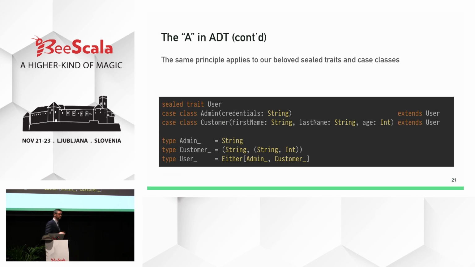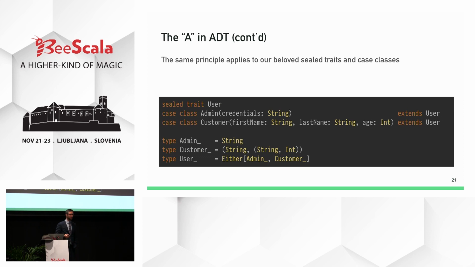And of course, this worked for simple types, but it also worked for our beloved case class and sealed trait. A case class is merely a product. So for example, here, this customer case class is equivalent to this tuple. It has 3 fields, string, string, int, so it's equivalent to a pair of string and pair of string int.